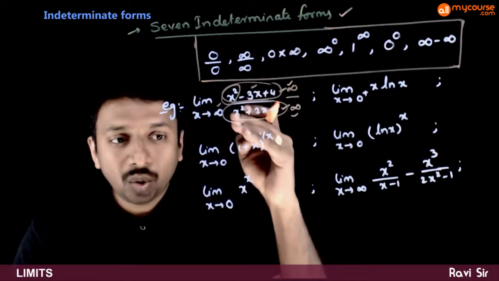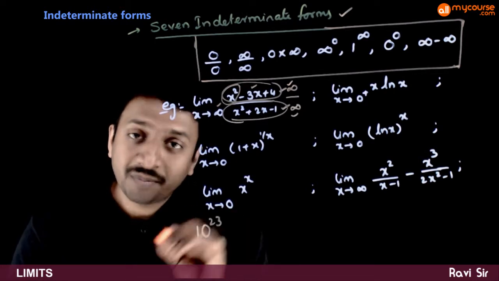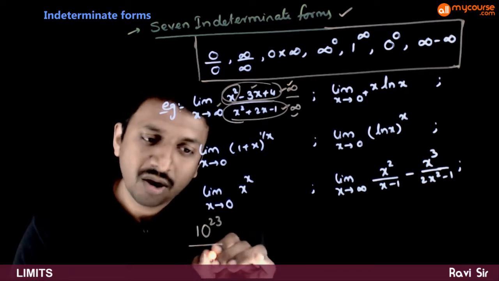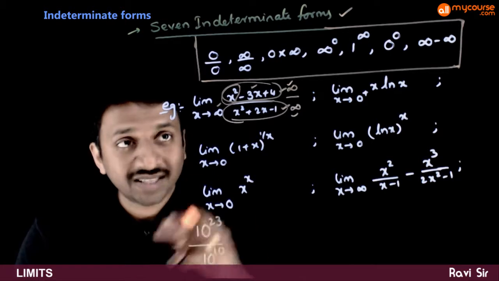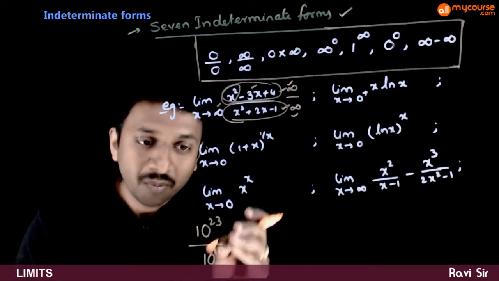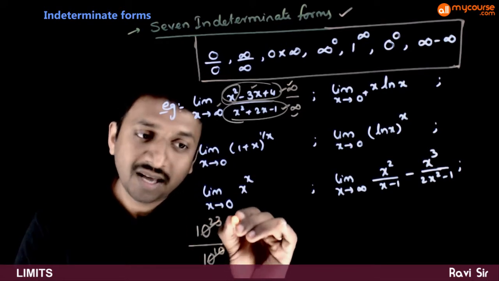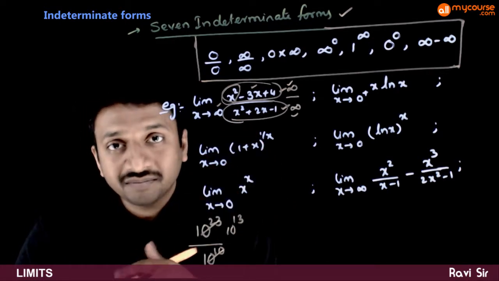When you divide two very big numbers, if the numerator is of the form 10 power 23, a very big number, and the denominator is of the order 10 power 10, as x tends to a very large number, the order of the denominator is less. Both are very big numbers, but on cancellation you get a very big number, hence it might go to infinity.